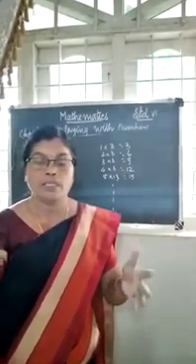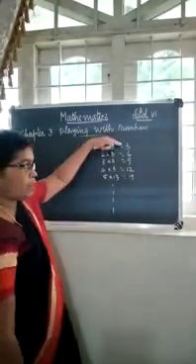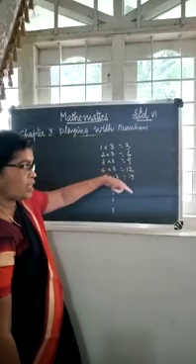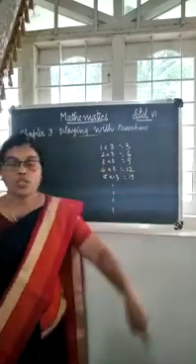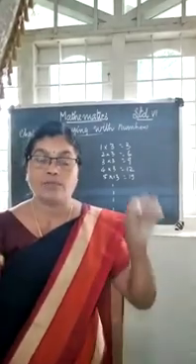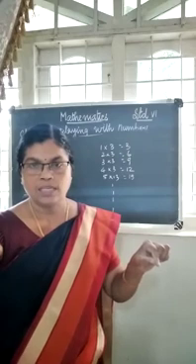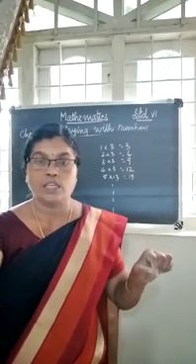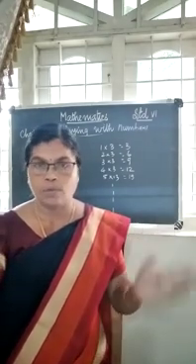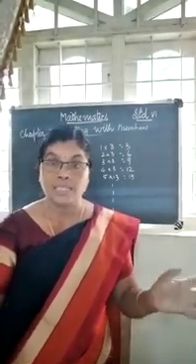Then how many multiples does 3 have? It is continuing again and again, so there is no greatest multiple. Multiples start from the number itself and go on like that. It is up to infinity. No end. It is not countable. We cannot count the multiples. But factors we can count.